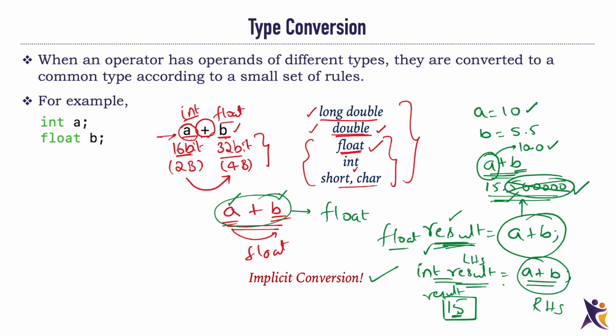This is during assignment, whereas this is during expression evaluation, right? Both these conversions are carried out by the compiler itself. No need to do anything from the programmer perspective. So this is called an implicit conversion.